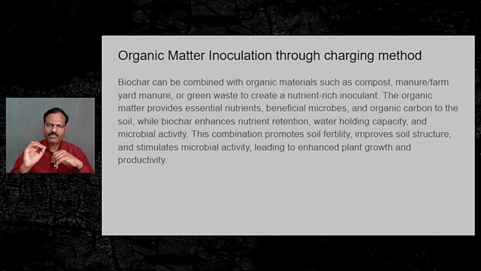The organic matter provides essential nutrients, beneficial microbes and organic carbon to the soil, while biochar enhances nutrient retention, water holding capacity and microbial activity. This combination promotes soil fertility, improves soil structure and stimulates microbial activity, leading to enhanced plant growth and productivity.